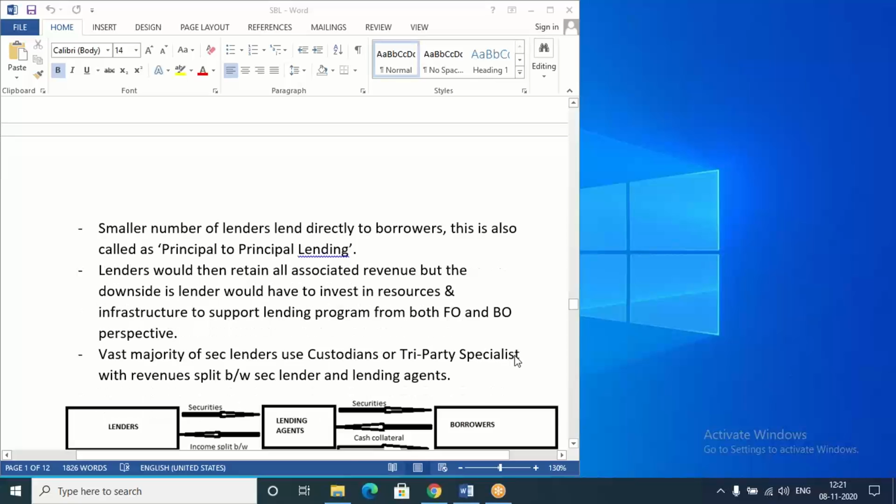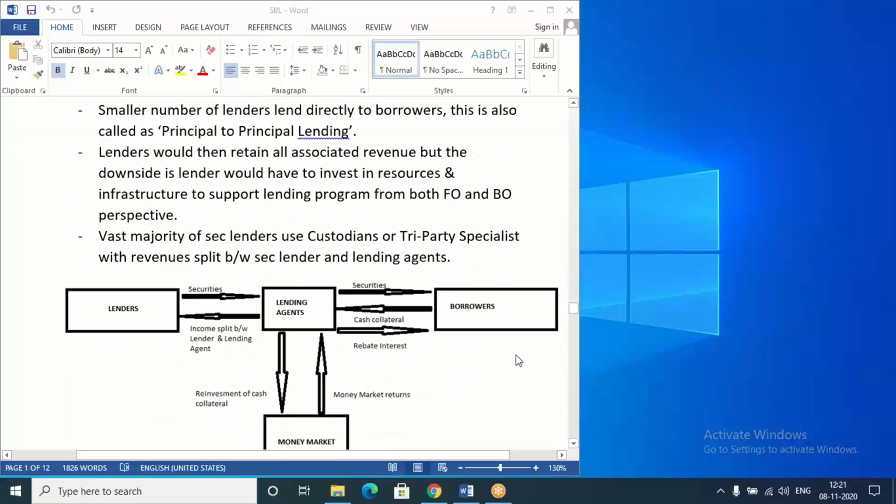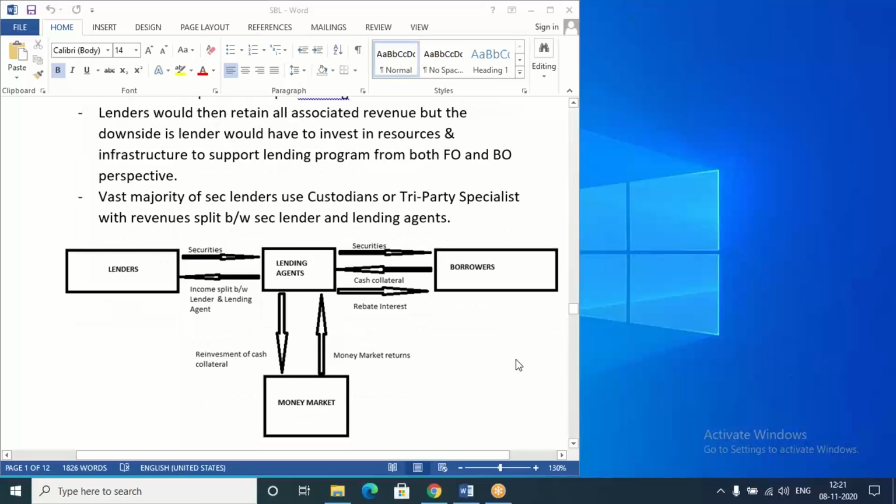So to put it in a diagram, let's look at it this way. You have the lender who has the securities. He gives the securities to his lending agent, which can either be a custodian or a tri-party agent, and we'll differentiate between the two a little later. On behalf of the lender, the lending agent will loan out the securities to the borrower.